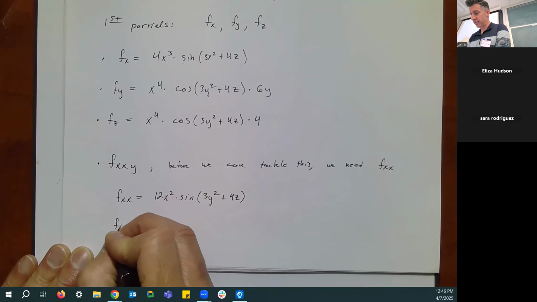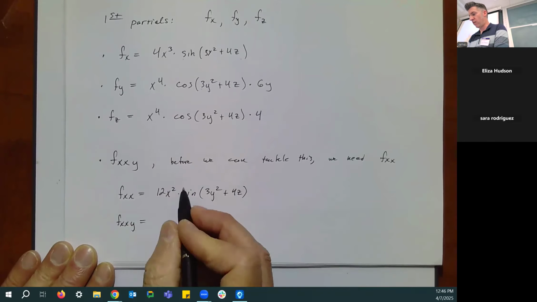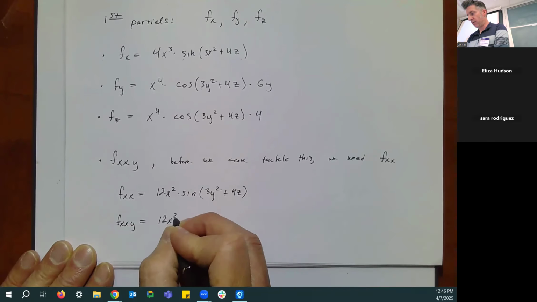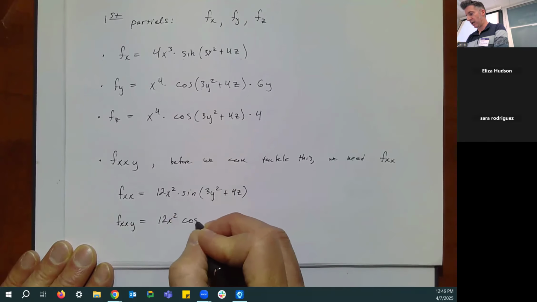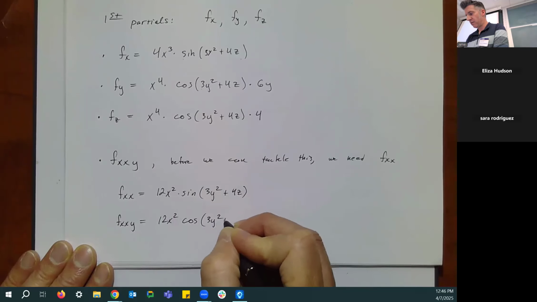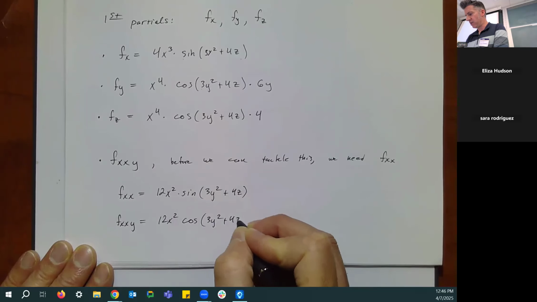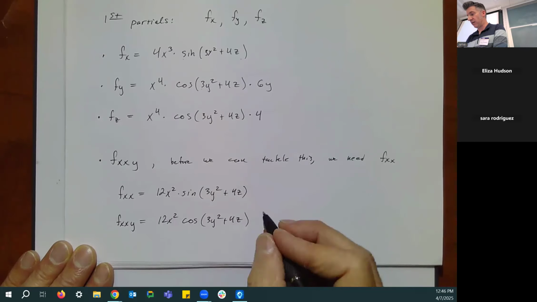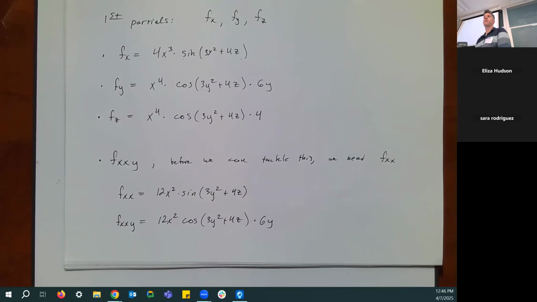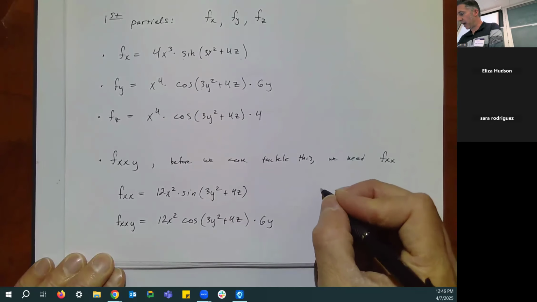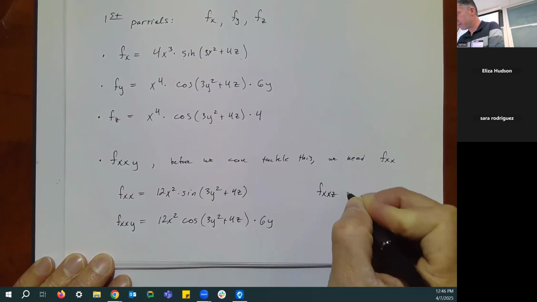So fxxy, our 12x squared hangs. The derivative of sine of some stuff is cosine of the stuff multiplied by the derivative of the inside stuff, which is 6y. Why don't you all try finding fxxz?